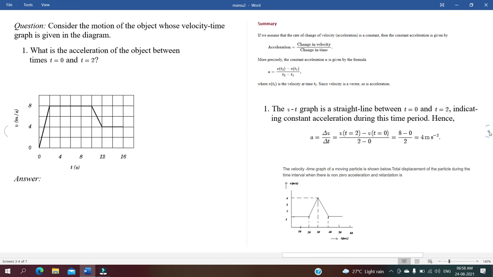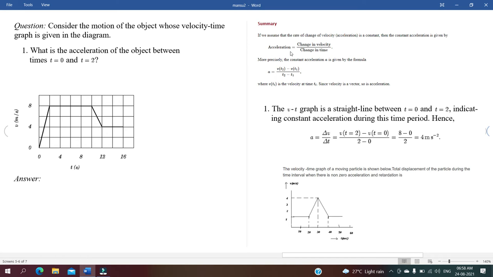Now, the question in this graph: consider the motion of an object whose velocity time graph is given in the diagram. What is the acceleration of the object between time instants t = 0 and t = 2? So we have to find the acceleration, and when the velocity time graph is given, we know that its slope indicates the acceleration.